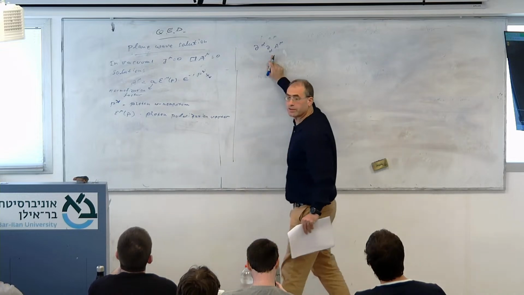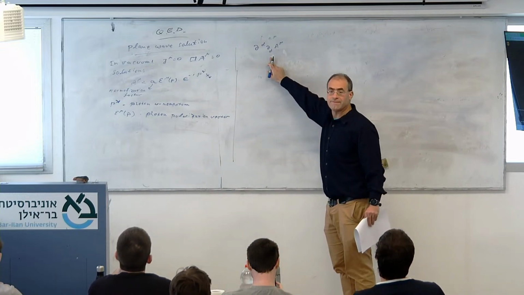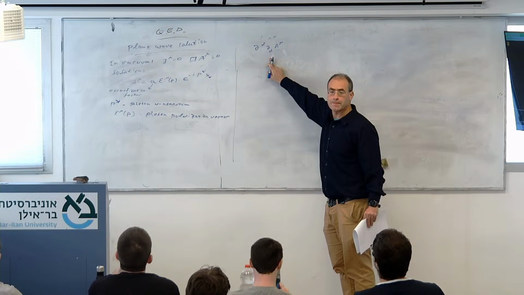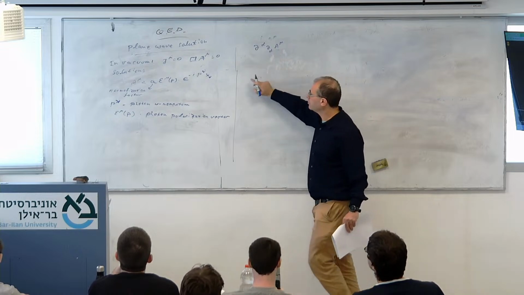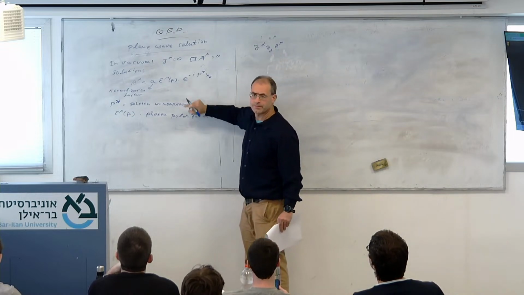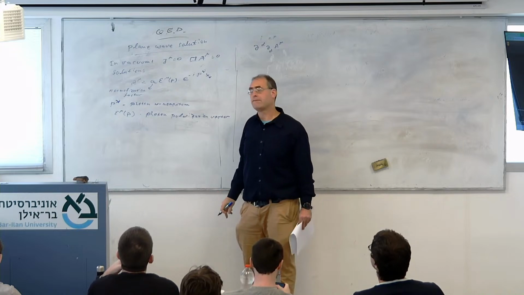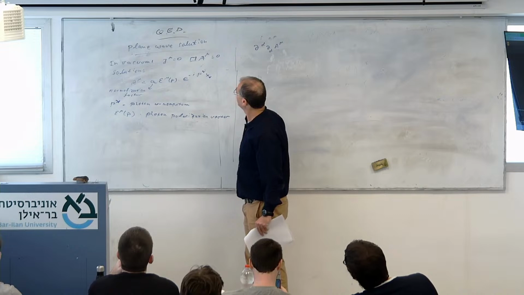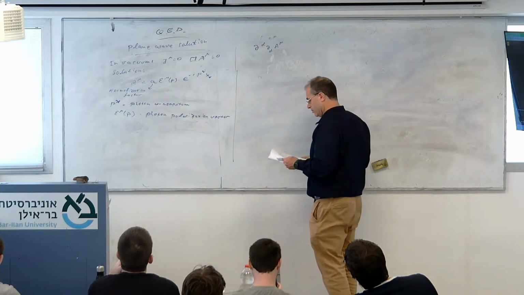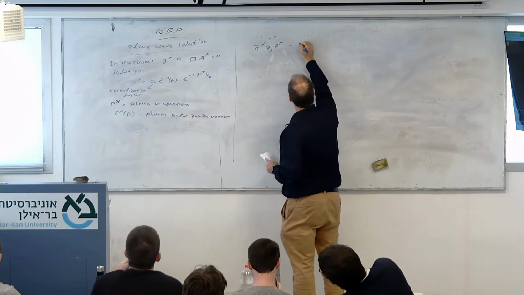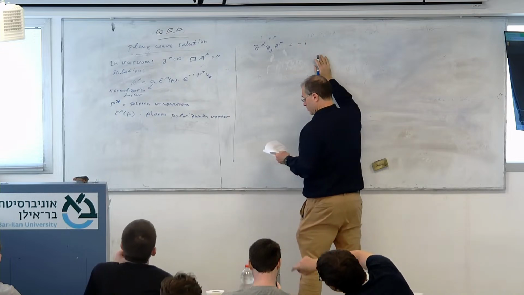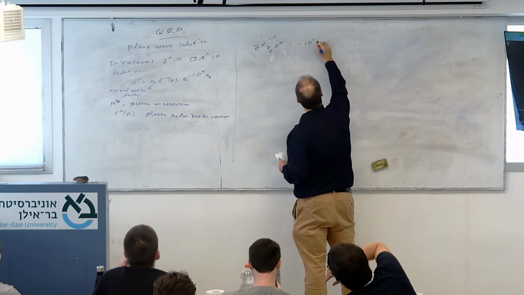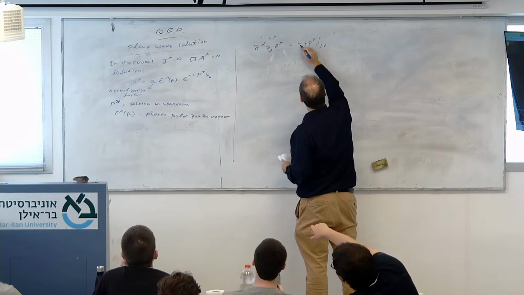The d alpha is d over dx alpha. What do I get when I take the derivative here? I get minus i p alpha. Thank you. It's minus i p nu delta alpha nu.